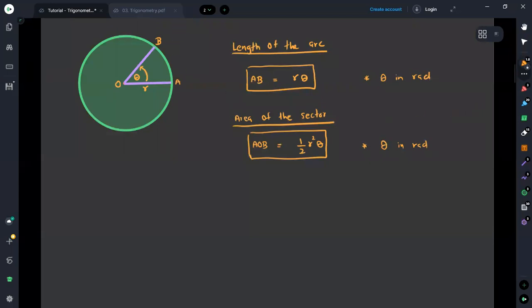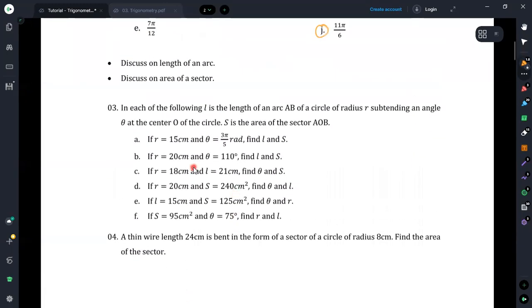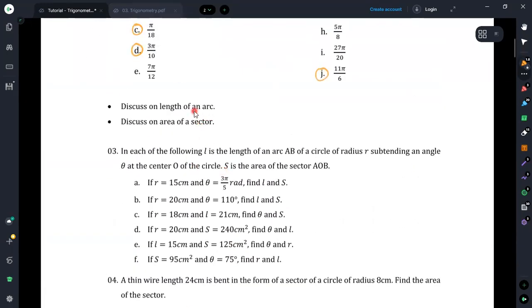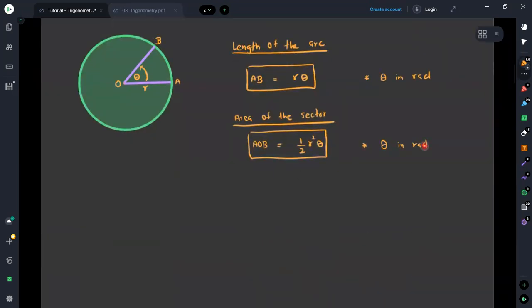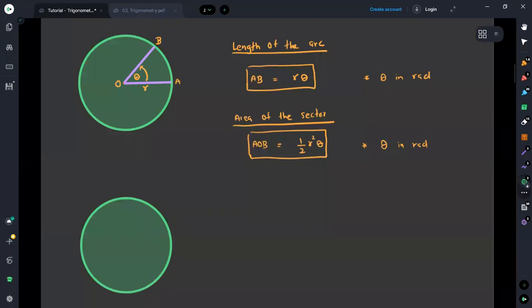Now we will focus on some examples related to finding the length of an arc and the area of a sector. Suppose this is the circle we are having, and it is created with the arc and the sector AOB.